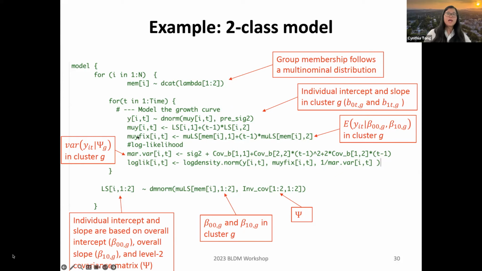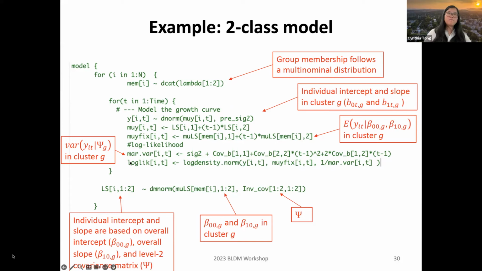Again, we have to calculate the expected value of y based on the fixed effects for the g-th component. Remember, the fixed effect has to be for the g-th component. And we also calculate the variance of it, but because the variances are all the same, you can see that there's no such membership in this line, okay?